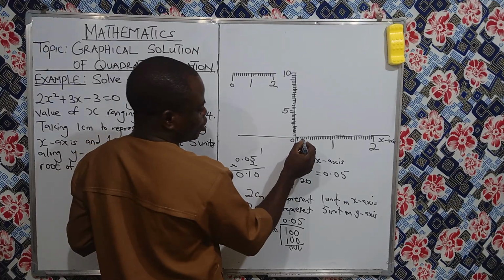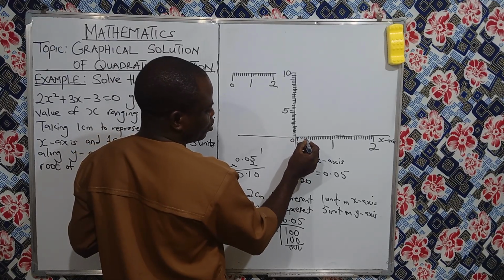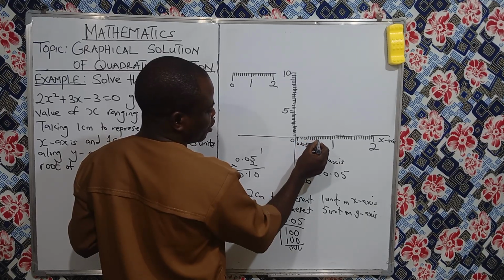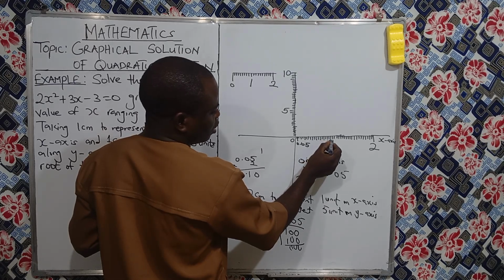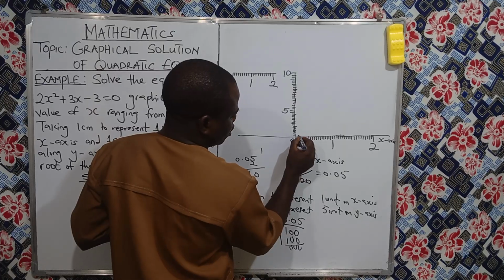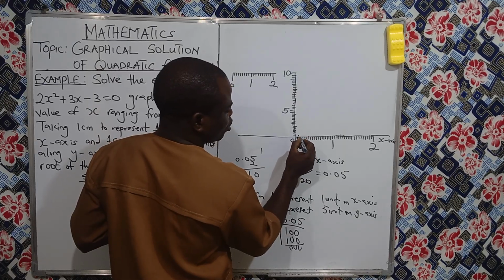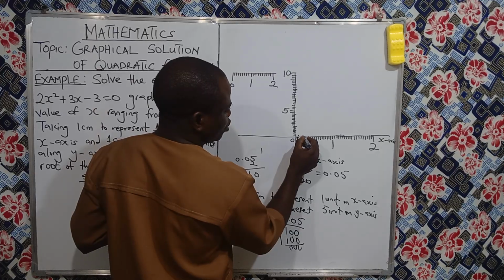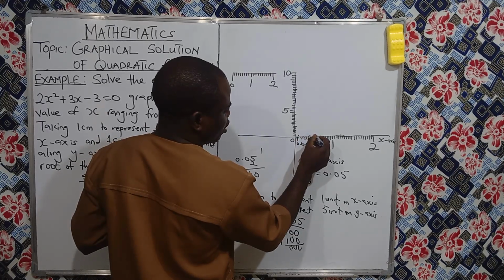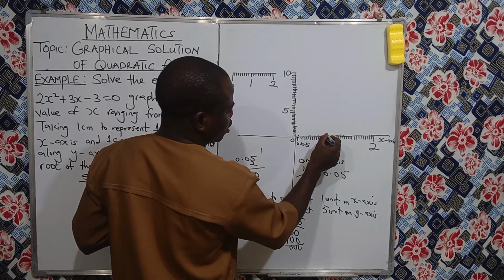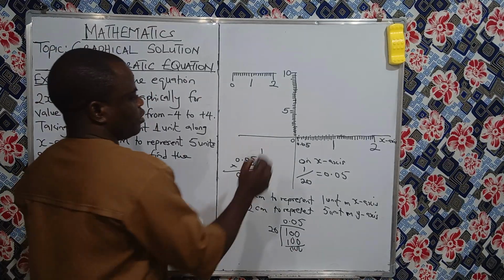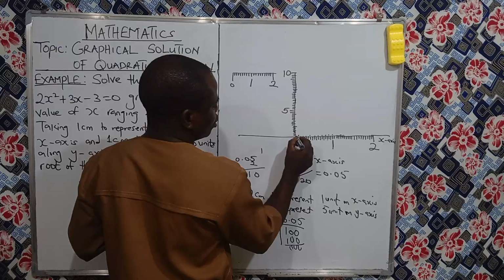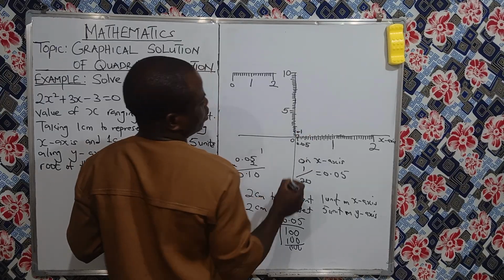To get the points, we count 0.1, 0.2, 0.3, 0.4, 0.5, 0.6, 0.7, 0.8, 0.9, 1. Counting two boxes each time, joining two boxes together gives us 0.1.